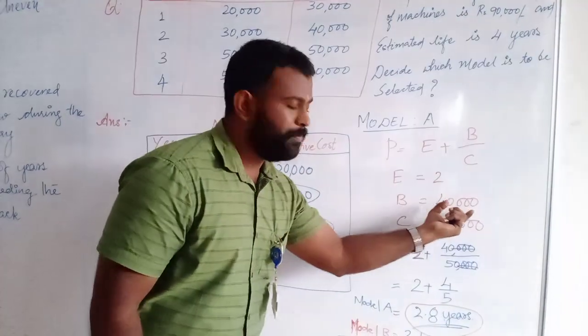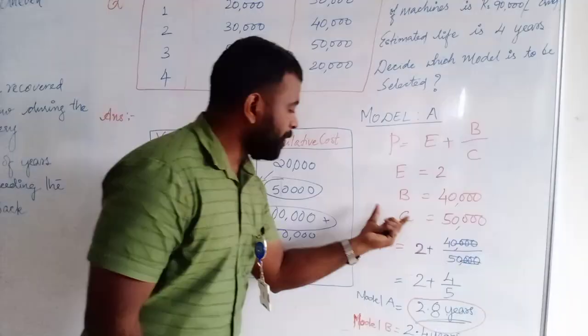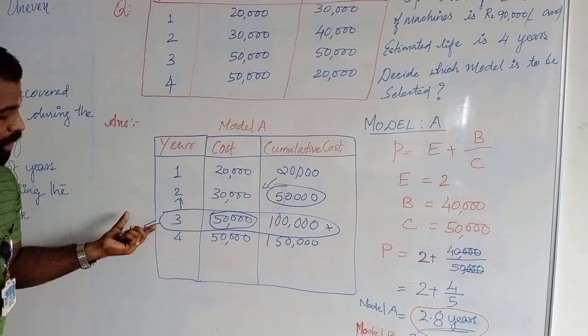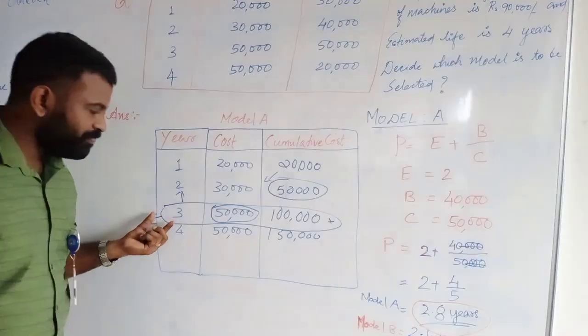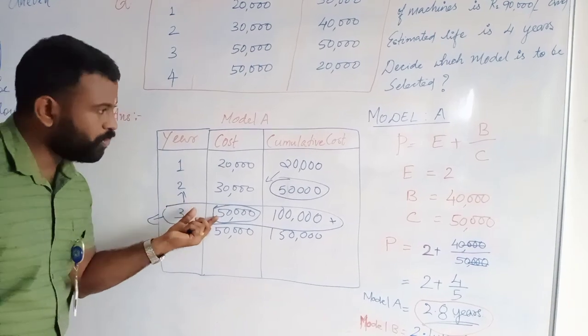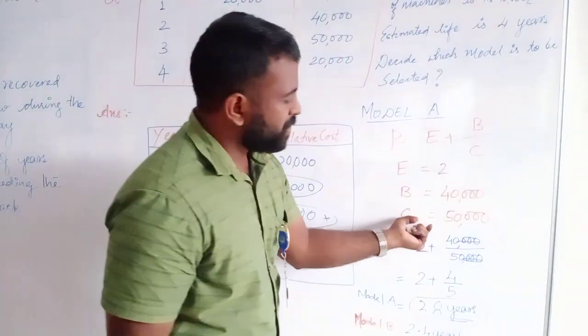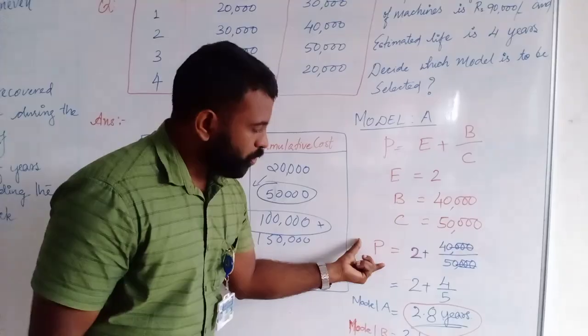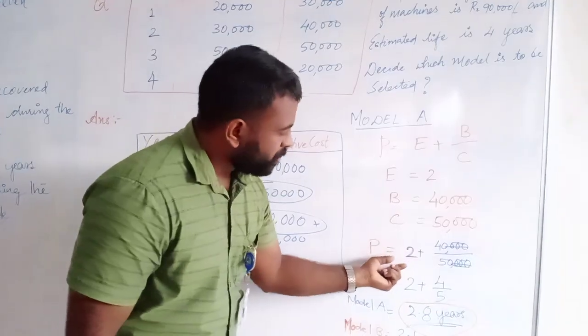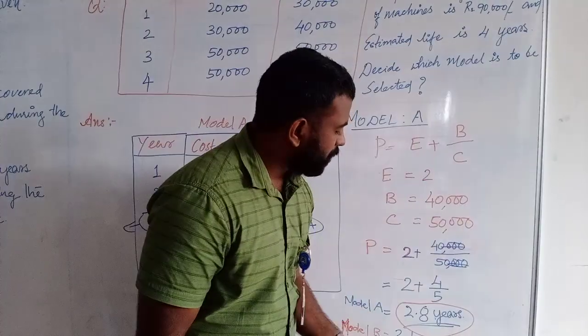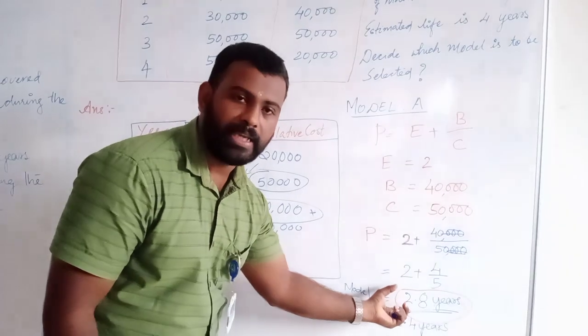So B is equal to 40,000. C is the cash inflow in the payback year, the third year, which is rupees 50,000. So the payback period is 2 plus 40,000 by 50,000, which gives 2.8 years.